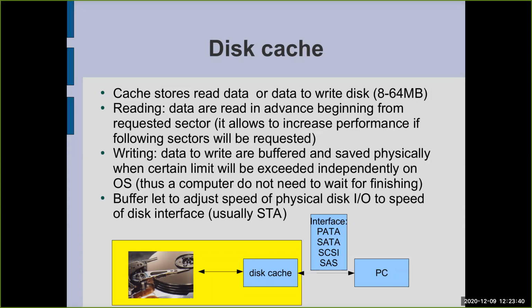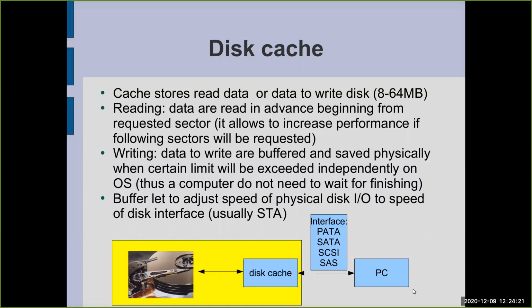For example, if I'd like to save data, this data is stored in cache, and then transferred to the hard drive at a speed which the hard drive can perform. So if we have a file smaller than cache size, we can transfer it very fast. From the perspective of the computer, of course, it will be written to the hard drive a little bit later.